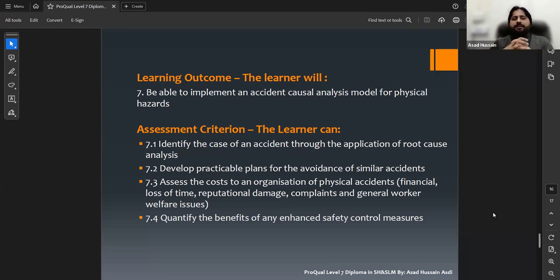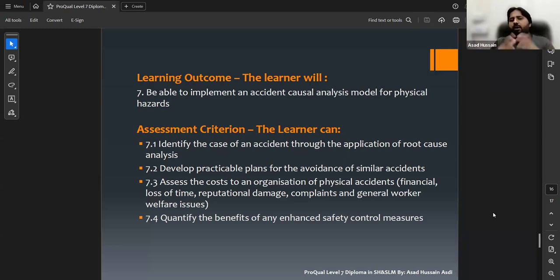Then we have 7.3, assess the cost to an organization of physical accidents, financial loss of time, reputational damage, complaints, and general worker welfare issues. So basically, you should have the ability to assess the cost to an organization of physical accidents.